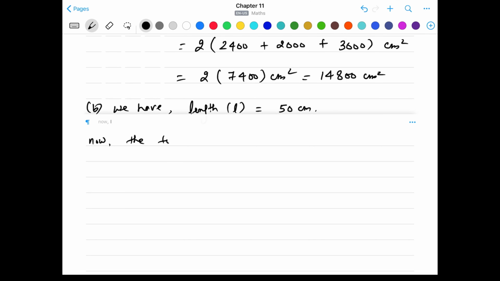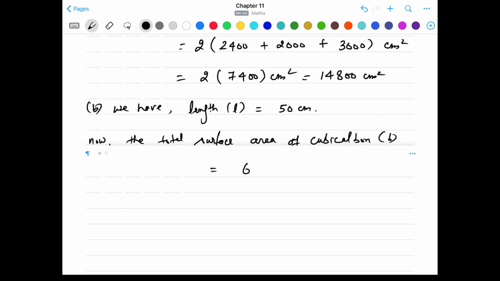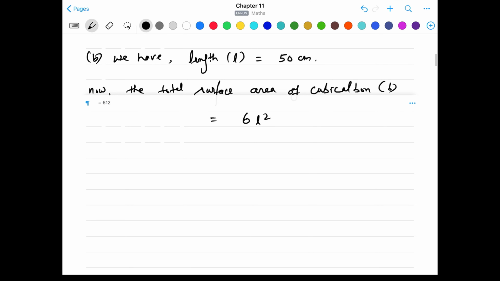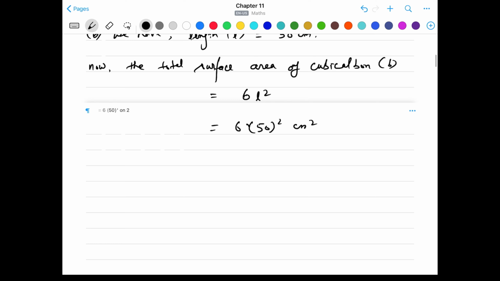Now we'll write the total surface area of cubical box B is given by 6 times side square, that is 6 L square. L here is 50, and the unit is centimeter square.